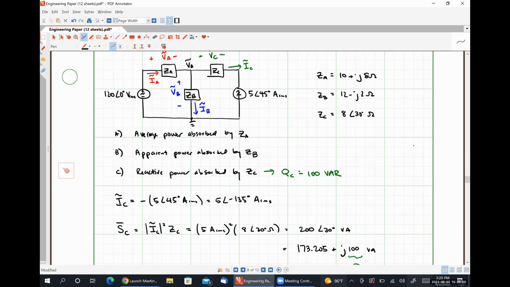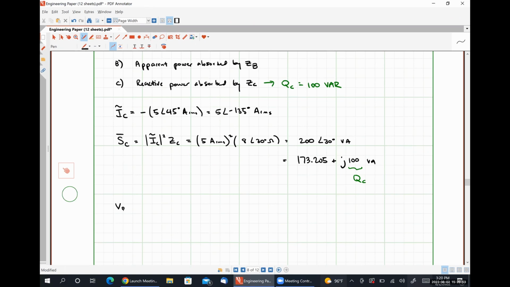So I will have VB minus 120 angle 0 degrees volts RMS divided by my impedance ZA, which was 10 plus J8, plus VB over my impedance ZB, which was 12 minus J3, minus 5 angle 45 degrees amps RMS is equal to 0.